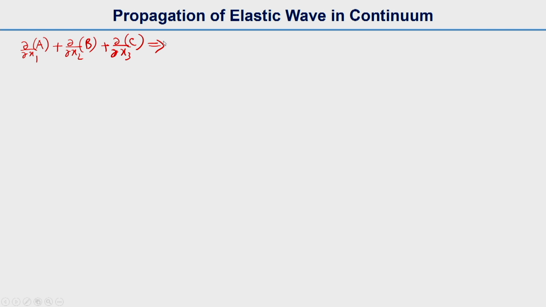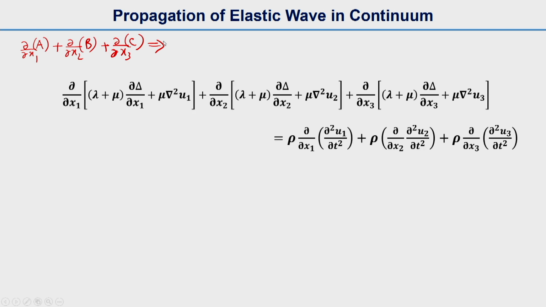So this will give us this expression. This is the expression, whatever we did for the partial derivative with respect to x1 for equation A, and then similarly the partial derivative with respect to x2 for equation B, and then the partial derivative with respect to x3 for equation 3.